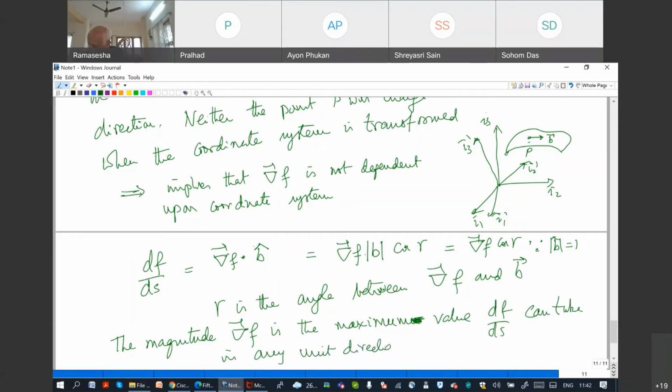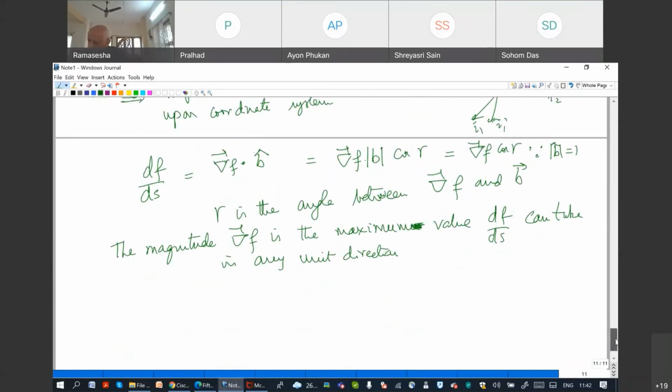I have made it a unit direction because I don't want the norm of b to come into the picture. That means what I have is a surface here, a point here, and I differentiate in different directions.